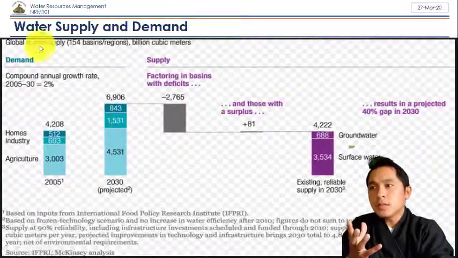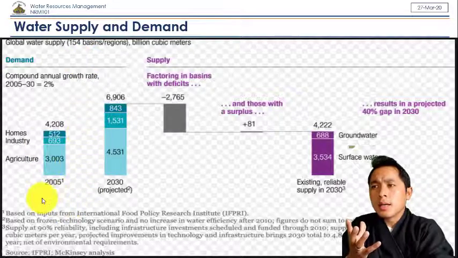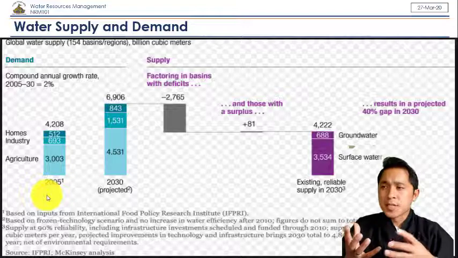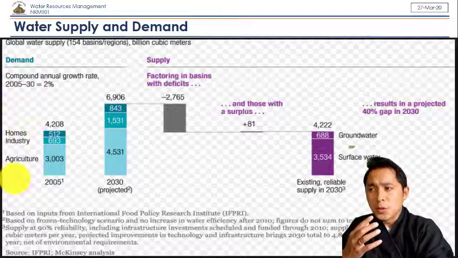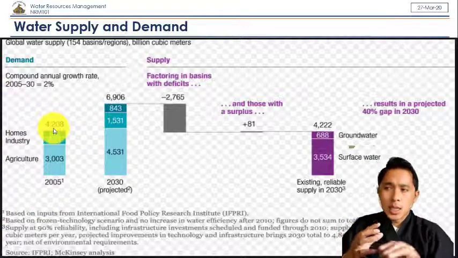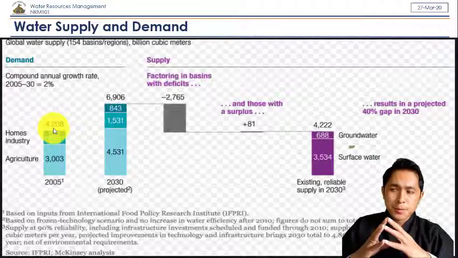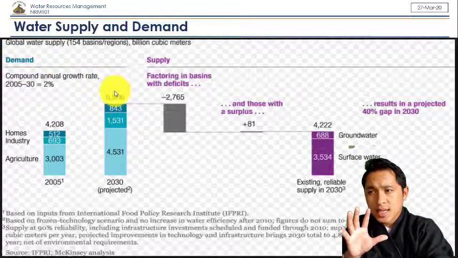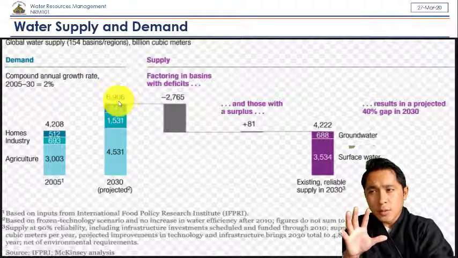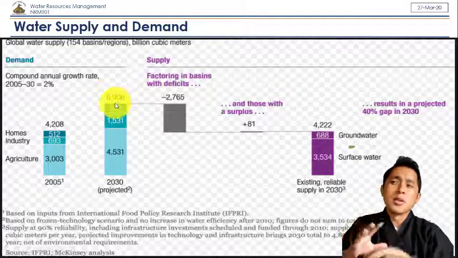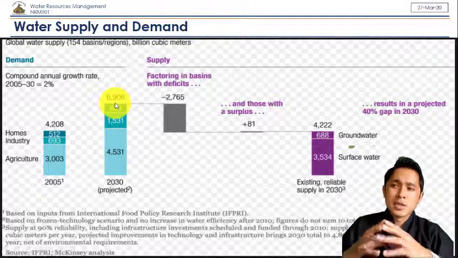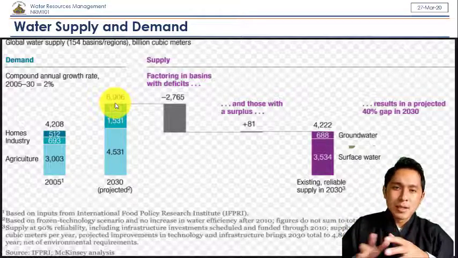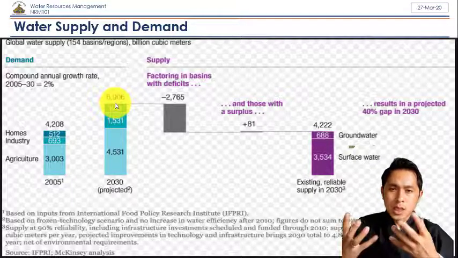The demand of water calculated by water experts and researchers was found to be 4,080 billion cubic meters in 2005, and they projected that in 2030 we will have a water demand of around 6,906 billion cubic meters.